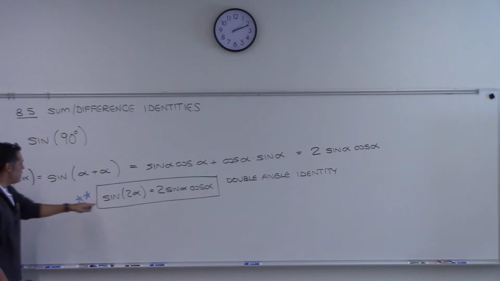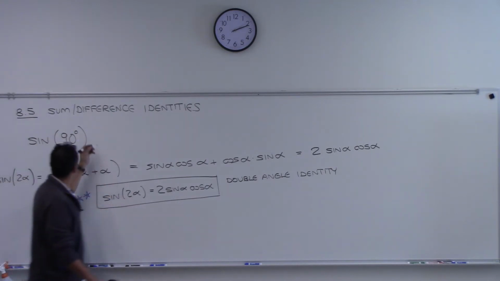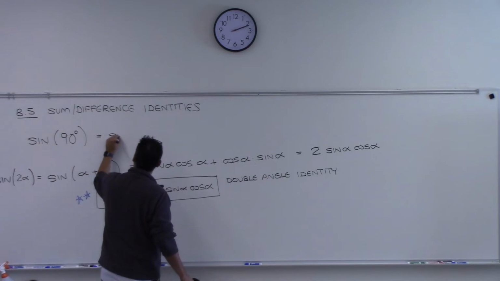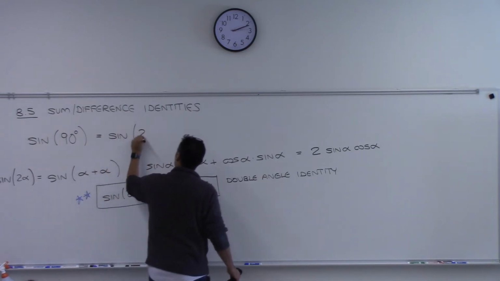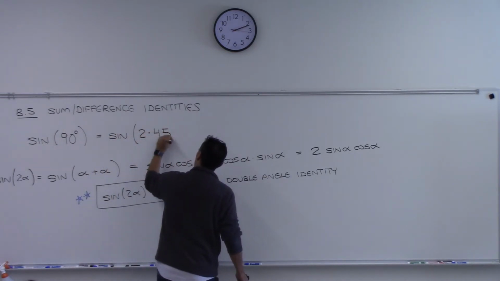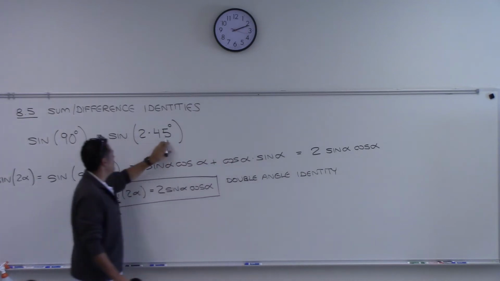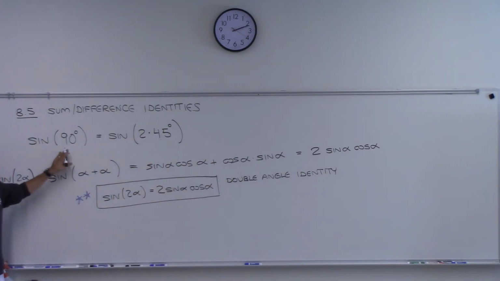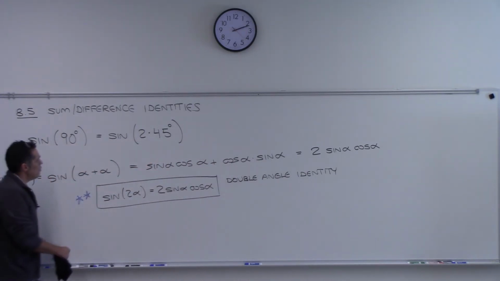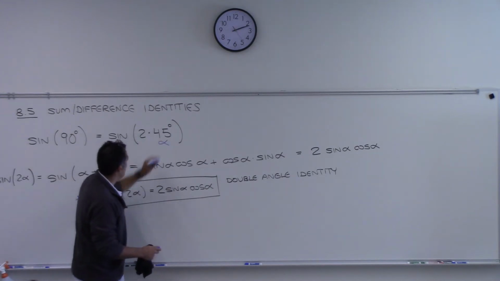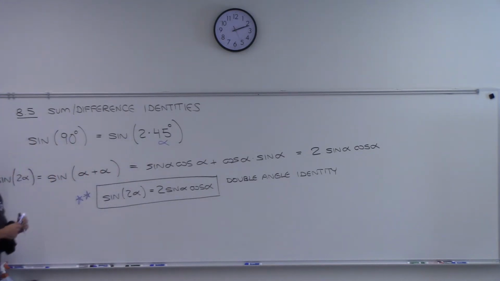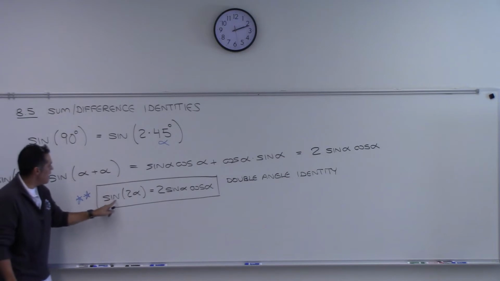I want to verify that it's true using this formula. Do you all agree that I could rewrite this as sine of 2 times 45 degrees? Isn't 2 times 45 degrees equal to 90 degrees? So this formula is actually, that's my alpha right there. So I'm trying to do sine of 2 alpha.